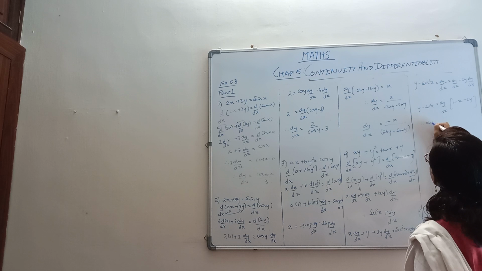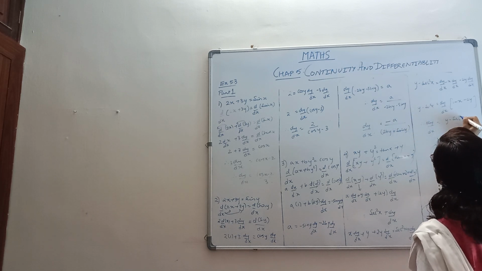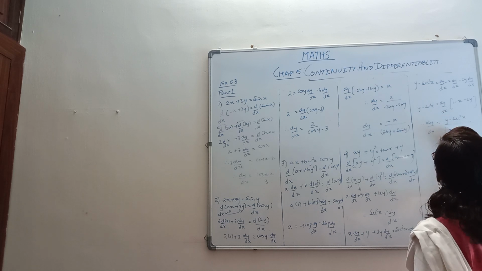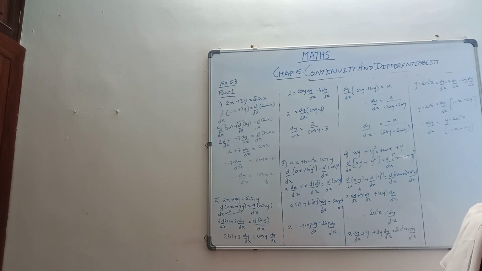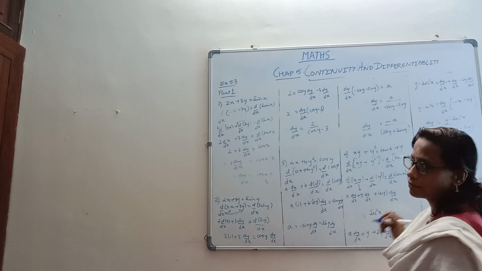So your dy by dx will become y minus sec squared x over 1 minus x minus 2y. Yeah, so that is our dy by dx.